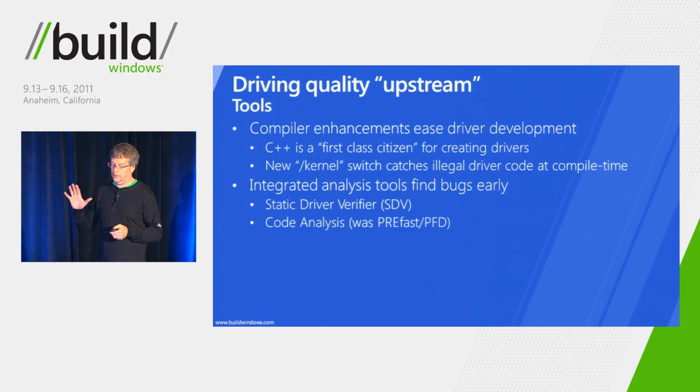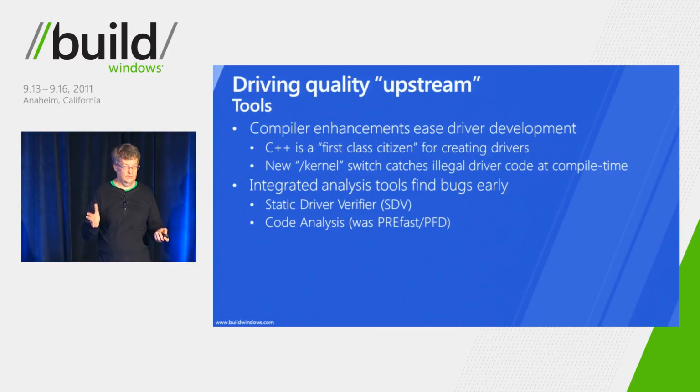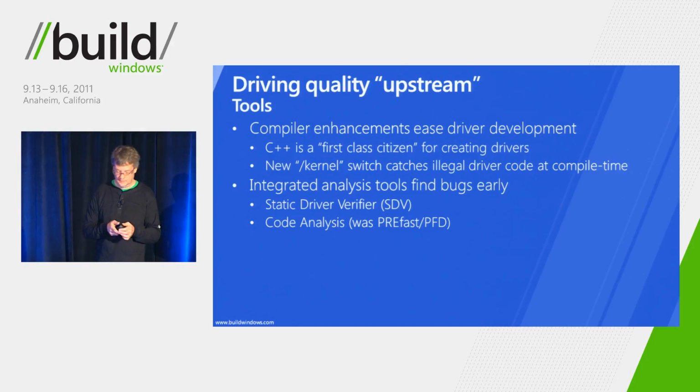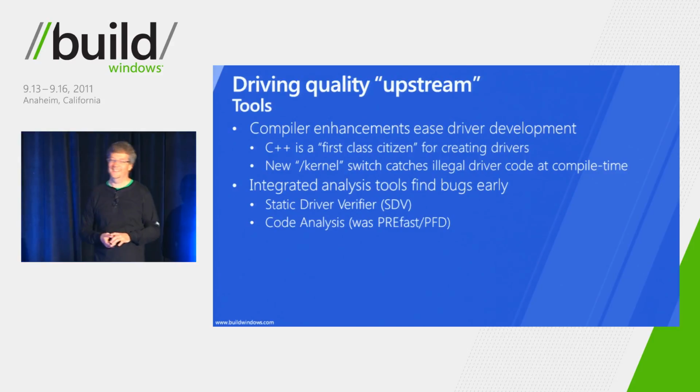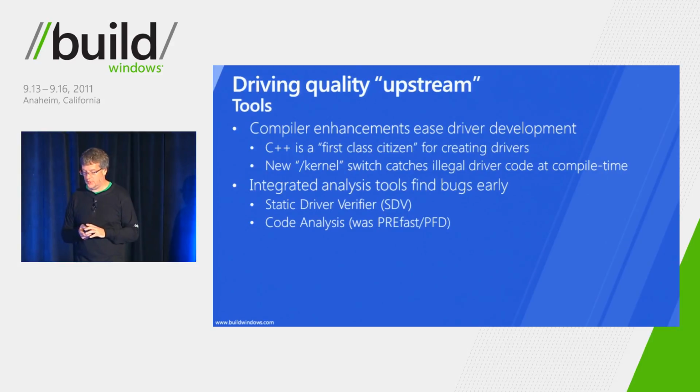So what we're doing now for Windows 8 is acknowledging C++ as a first-class citizen for driver development. There's a new compiler switch, /kernel, that was developed with Daron and some of the guys in the C++ team.